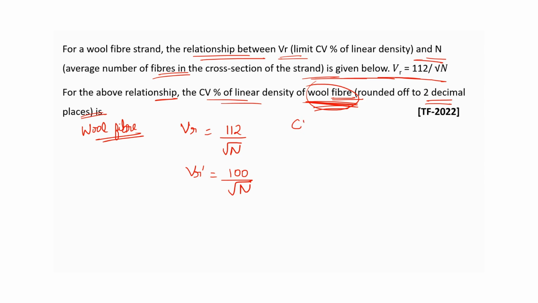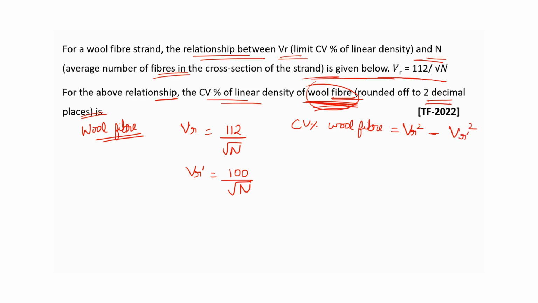The CV percent of linear density of wool fiber would be VR squared minus VR dash squared.